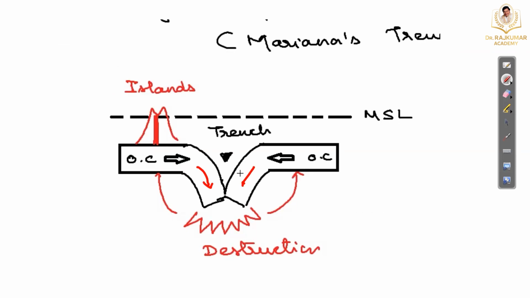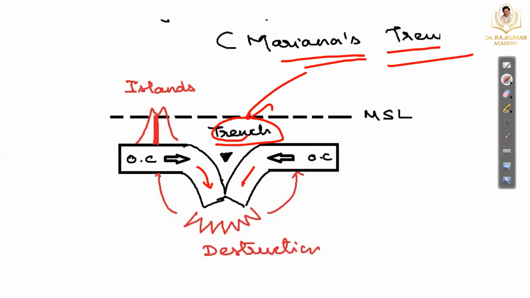And if that is the case, here also you will find the formation of a trench. Sometimes this trench happens to be very, very deep. This is the place where you have one of the classical examples, the Mariana Trench, where the Philippine plate and the Pacific plate go for a convergence. That's the place where you have the deepest trench of the world, called the Mariana Trench.